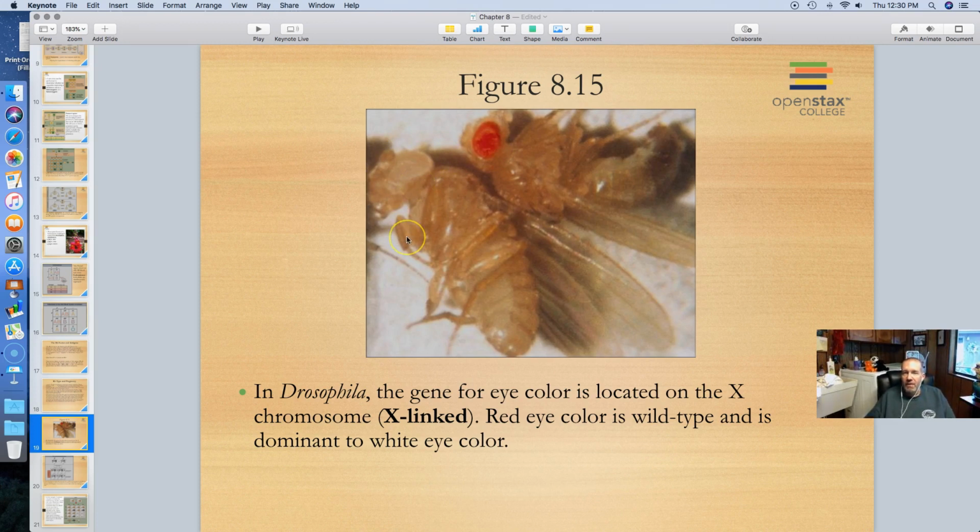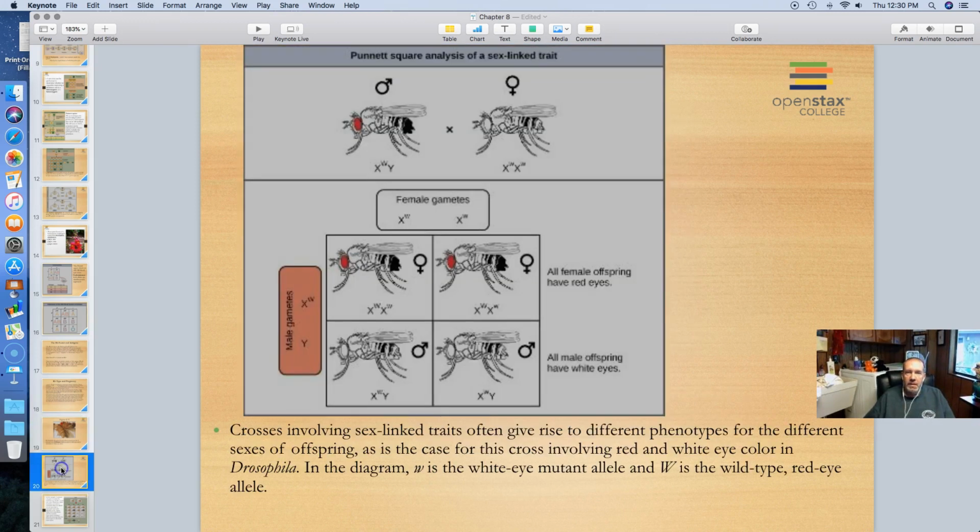And again, rather than the characteristic being carried anywhere else on the chromosomes, it's only, in this case, on the X chromosome, which means it's a sex-linked or X chromosome-linked characteristic. And so there are lots of experiments that we can do to understand how sex-linked characteristics can be transferred from parents to offspring.